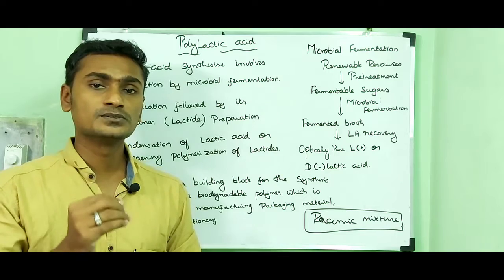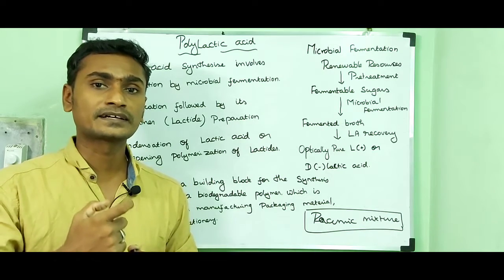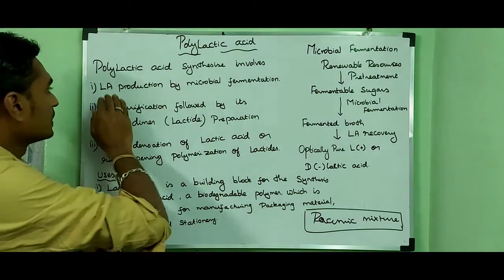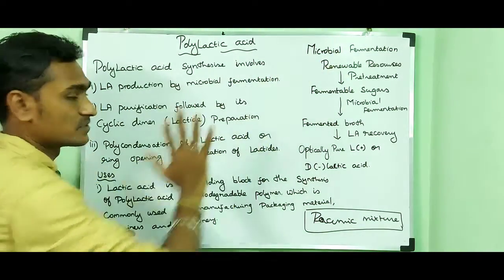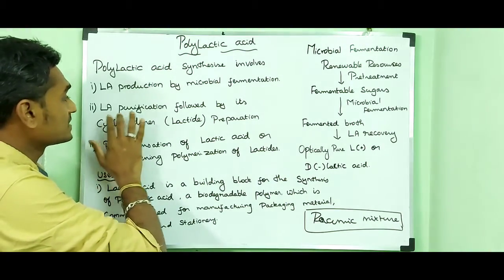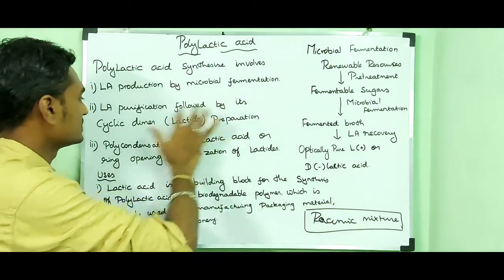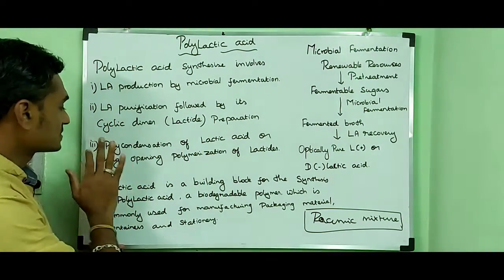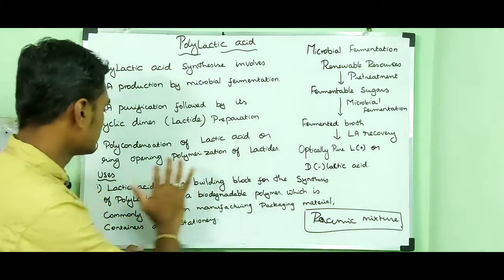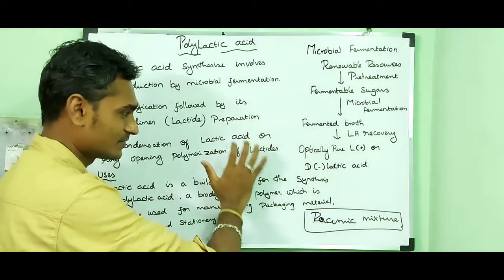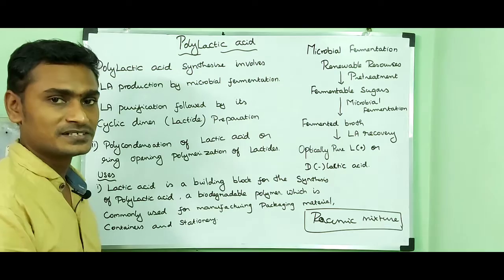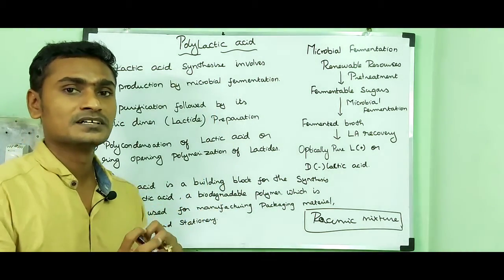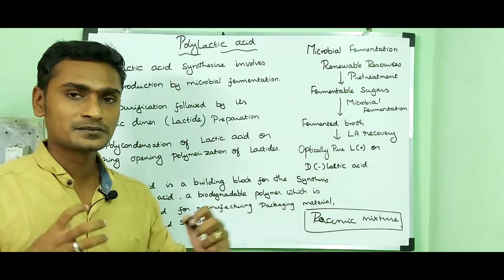Then I am going to tell you the steps involved in polylactic acid synthesis. There are 3 steps. They are lactic acid production by microbial fermentation, then lactic acid purification followed by its cyclic dimer lactate preparation. Then the third step, polycondensation of lactic acid or ring opening polymerization of lactates. Actually, I tried to summarize the whole process, but I couldn't because all the steps are a big process.